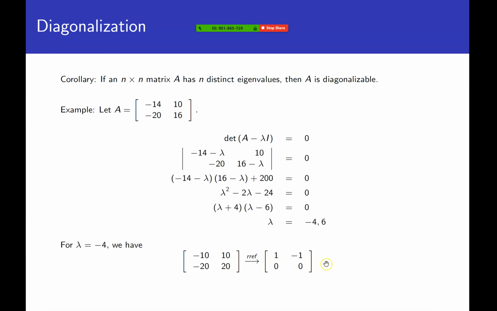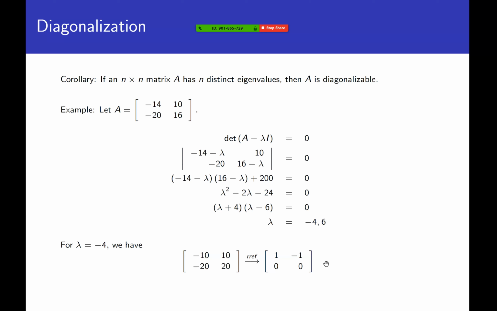Row reduces to that. I hope I emphasized this enough in the video that I asked you to watch, but if you have an eigenvalue, the whole point of finding the eigenvalues is to get those non-trivial solutions that we talked about in that particular lecture.